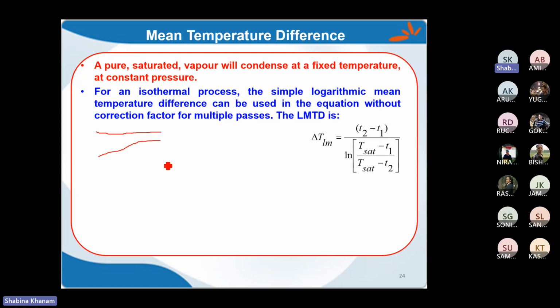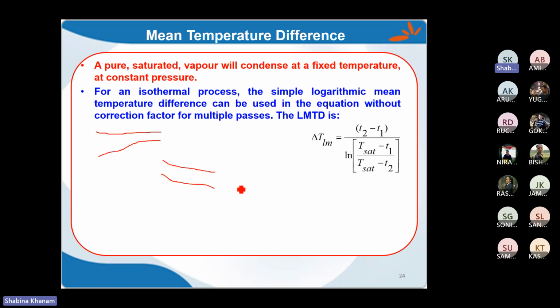In that case you will find variation in temperature on the condensation side as well as on the coolant side, both ways. So if this is the case, you need to calculate LMTD for counter current flow, and that should be multiplied by the FT correction factor.